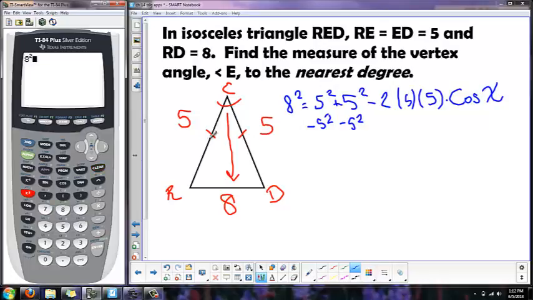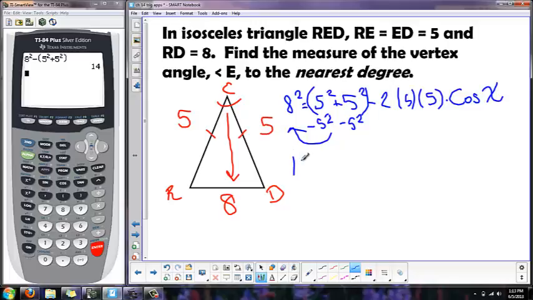I have 8 squared on the left-hand side, and I'm going to subtract over to the other side, in parentheses, 5 squared plus 5 squared. Because I'm pretty much saying, both of those on that side, I'm subtracting both of them at the same time, moving them over to the other side. I just think it's easier to do it this way. So your answer is 14.